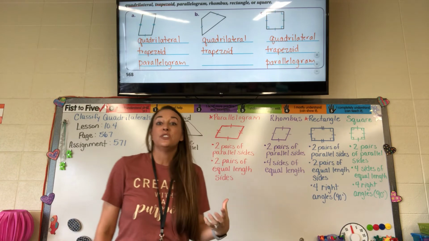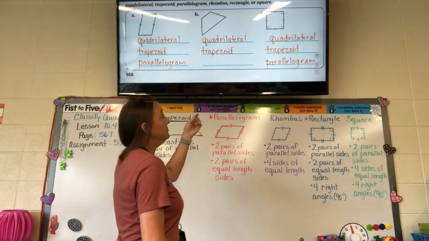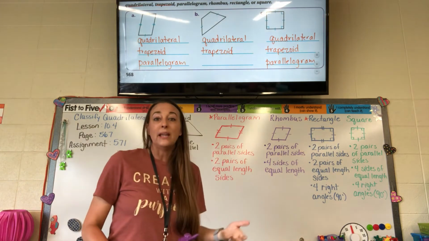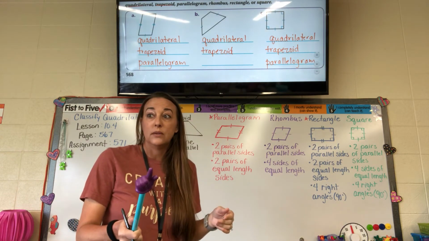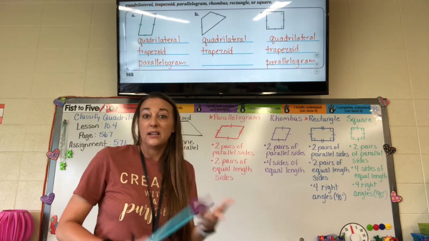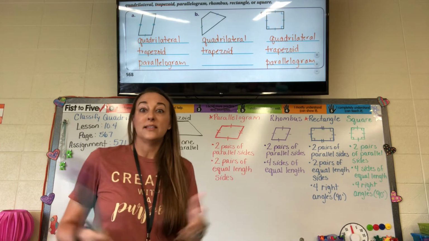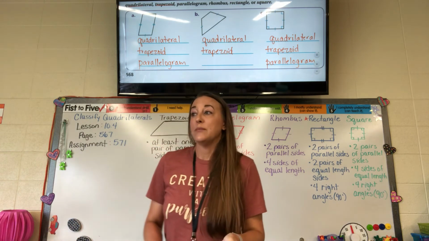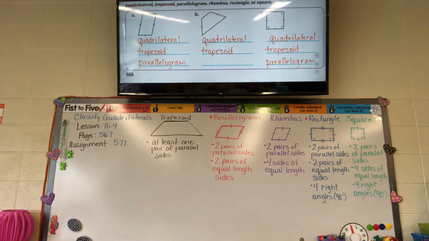We may refer to it as a square, but it can also be more than one thing, just like you can be a brother and a son, or a sister and a daughter, all at the same time. So quadrilaterals are the same. All right. Let's see what else.